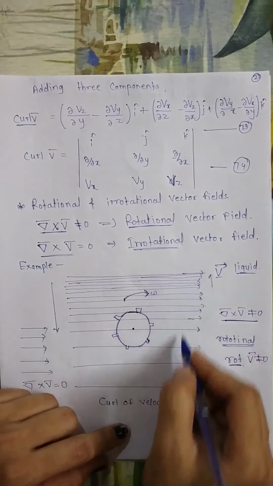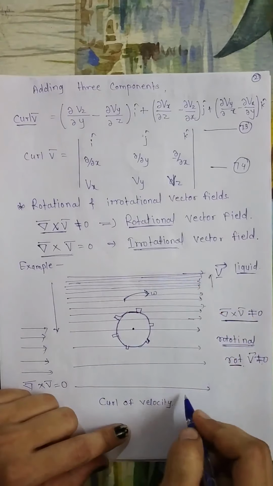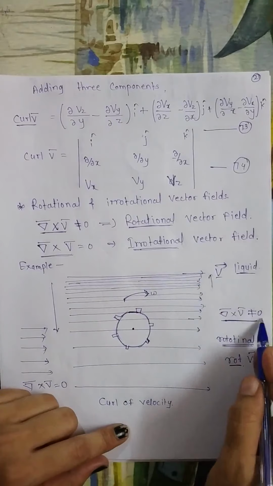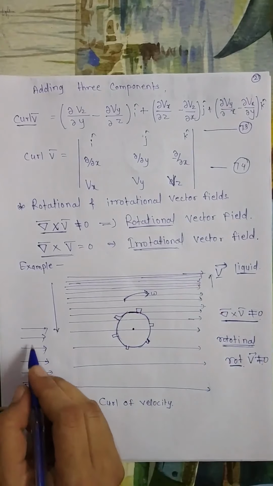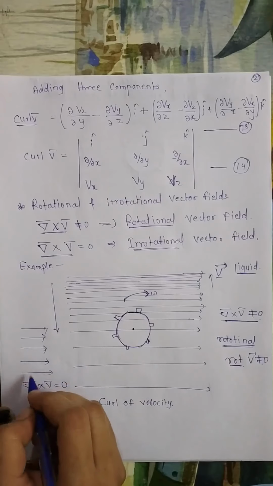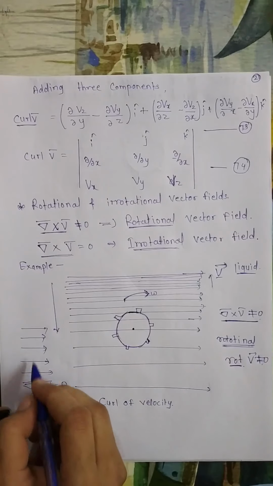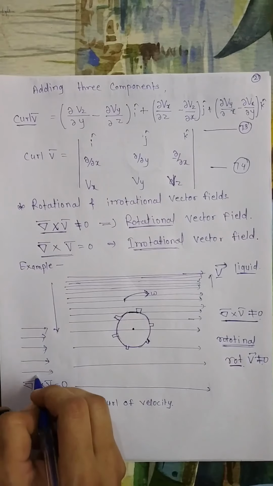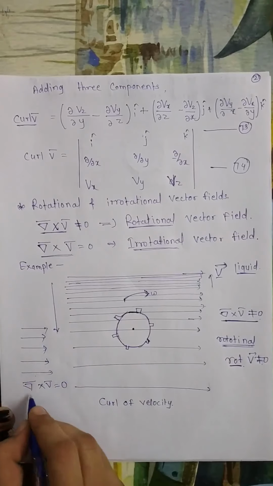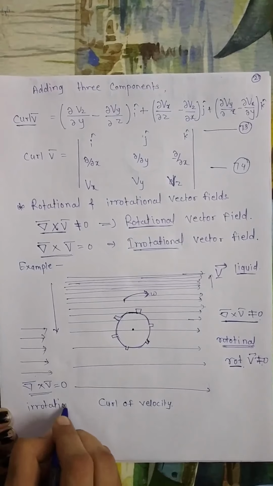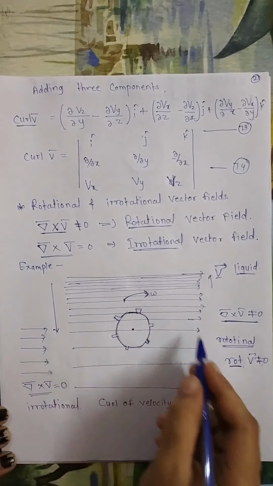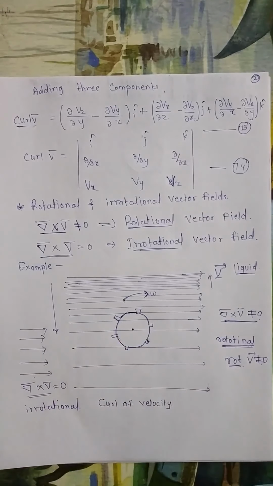Whenever the vector field is non-uniform, the curl is not equal to 0, and whenever we have a vector field which is imagined to be the same everywhere, equally spaced, then the wheel will not rotate, which is known as an irrotational vector field. So this is the example of rotational and irrotational vector fields.